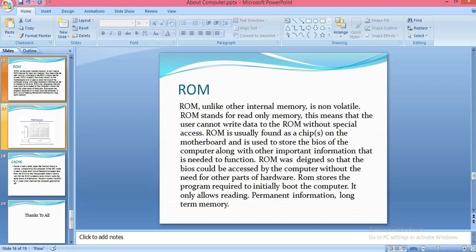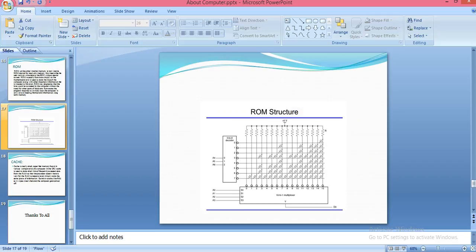ROM was designed so that the BIOS could be accessed by the computer without the need for other parts of hardware. ROM stores the program required to initially boot the computer. It only allows reading permanent information, long-term memory. This is the ROM structure. ROM is structured by logic circuit.